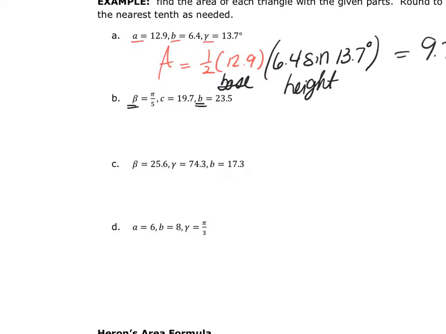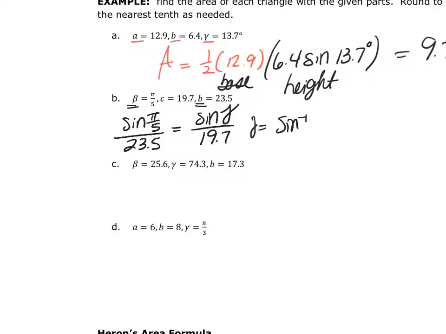Okay. So if I'm going to chase down alpha, I'm going to have to do the sine of pi over 5 over 23.5 is equal to the sine of gamma over the 19.7. I have to do this intermediate step to find gamma, and then I'll find alpha at that point. So in my calculator, I will do the sine inverse to find gamma.